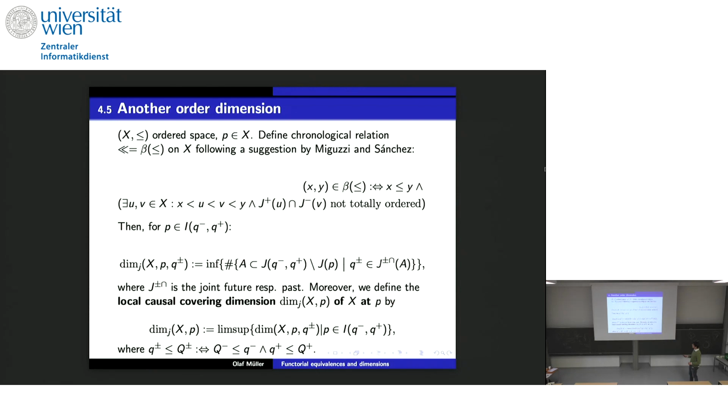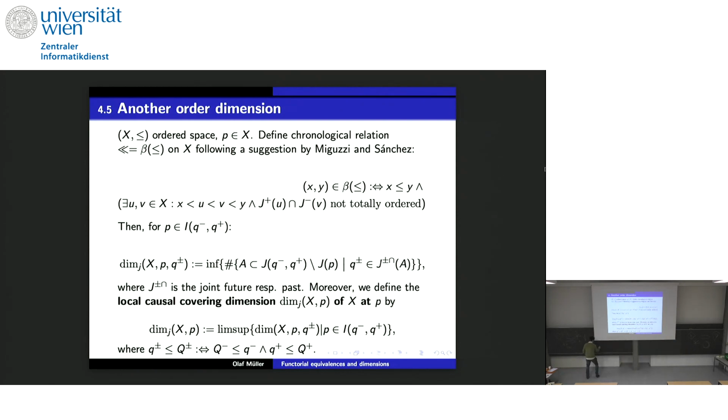So then what we can do is take the infimum of the cardinality of a space, which is in a given causal diamond, but not in the cone of P, such that those Q plus minus are in the joint future or past, respectively, of A. I think I should draw a sketch.